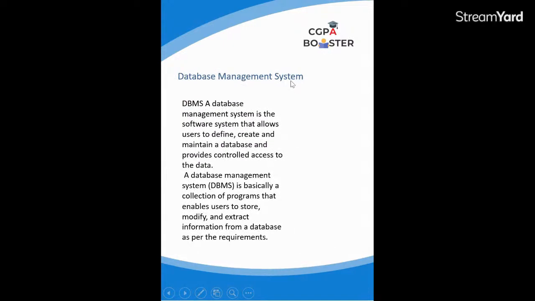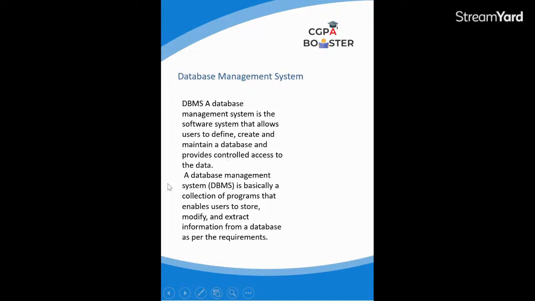Database management system. Now, we went over what a database is, but let's go in detail about the management system as well. DBMS is a database management system, a software system that allows users to define, create, and maintain a database and provides controlled access to the data.